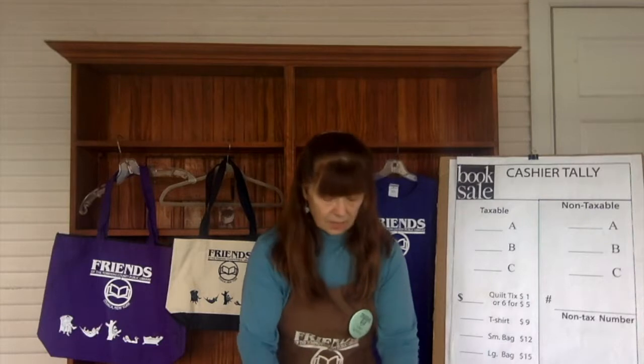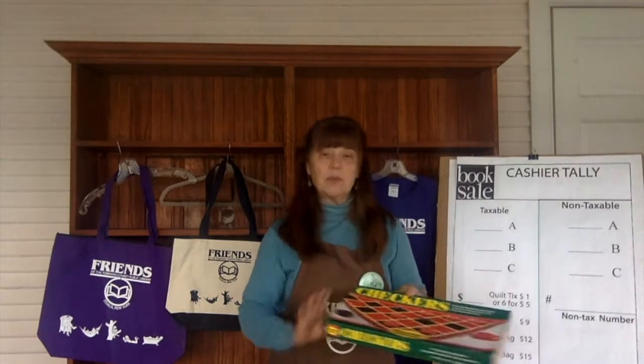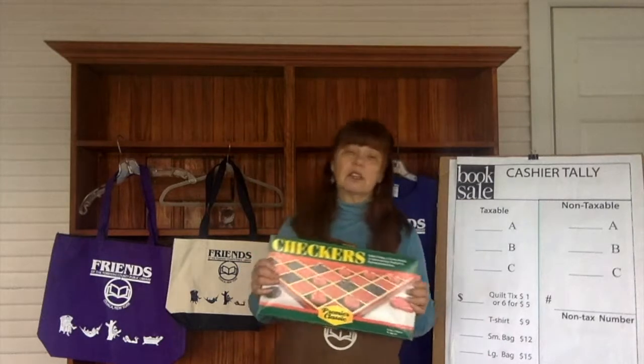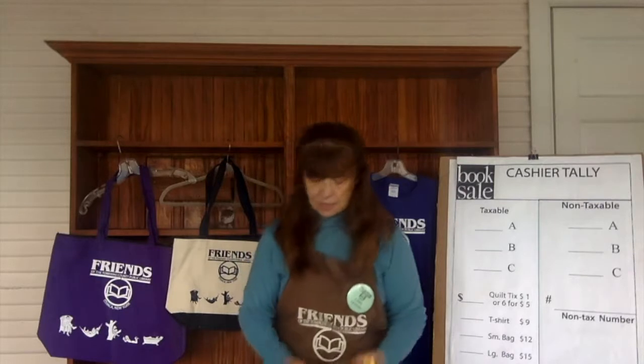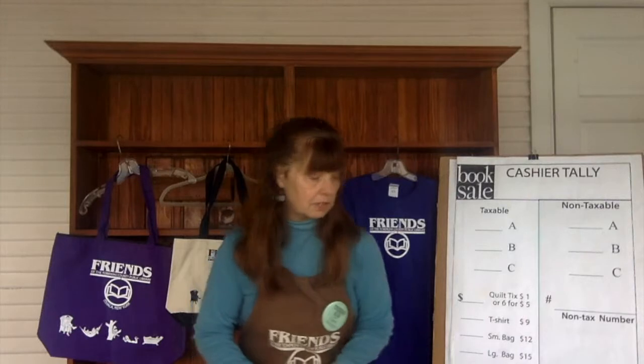And then the last item in this category are children's games. 8 and above are adult, under 8 are children's. And then children's puzzles, which are usually small, don't have that many pieces, and the art is for children. End of the B's. Now we're moving on to the C's.